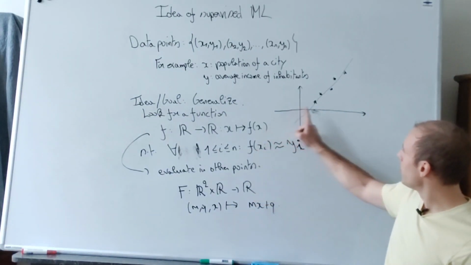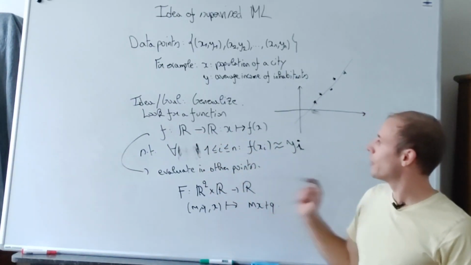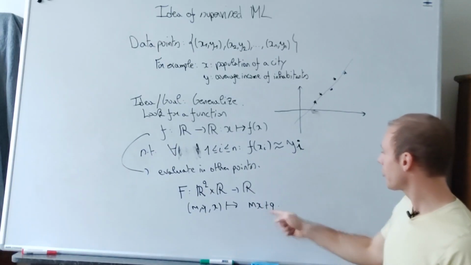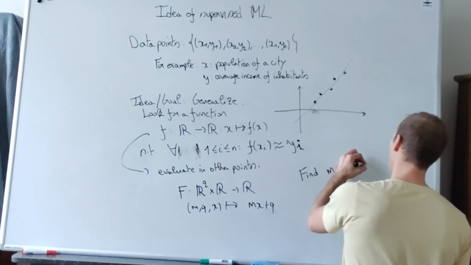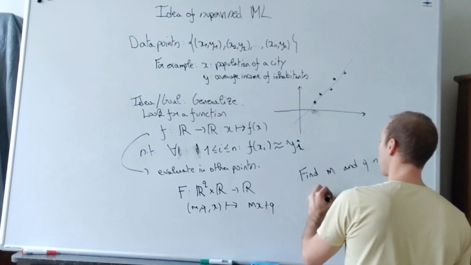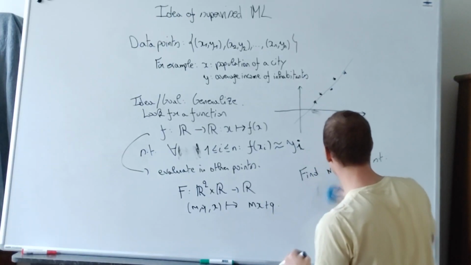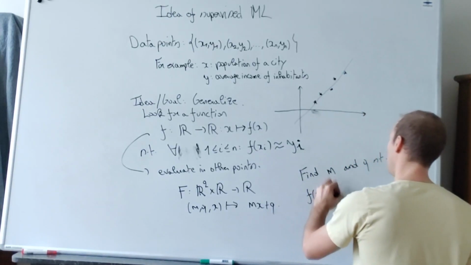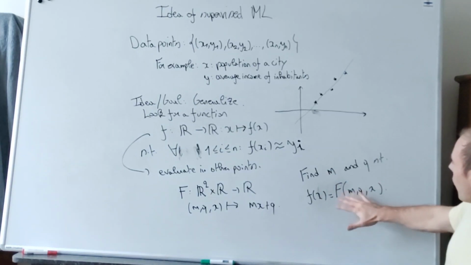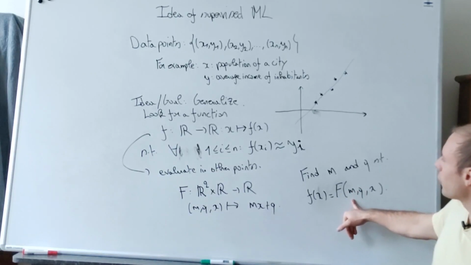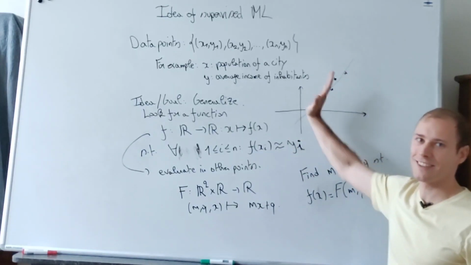Because we assume, based on what we see, that a good candidate for such a function f can be a polynomial of degree 1. So we need to find m and q such that f of x is big F of m, q, and x. Because we know from the last video that with every choice of tuple m and q, we get a line, we get all these lines. So we're looking for the one that gives us the blue line.